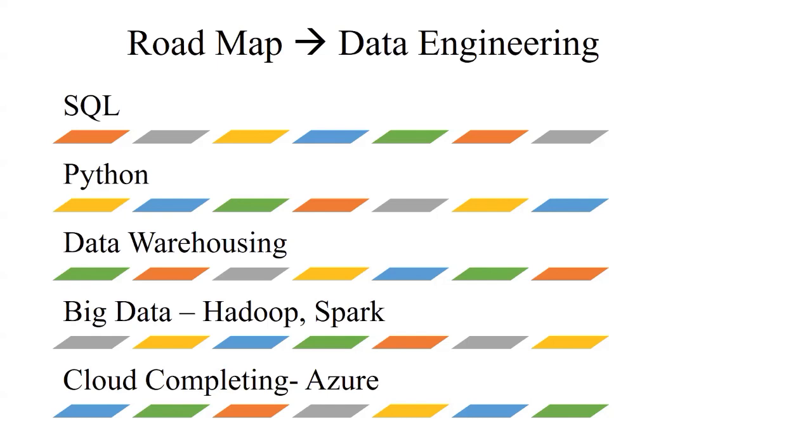The example I gave is a car. Rather than buying a car, renting a car is much easier. It saves me a lot of money, time, and effort. In the same way, we are going to do all four of these in the cloud. So this is the roadmap.